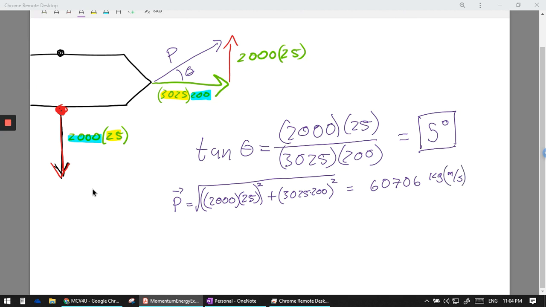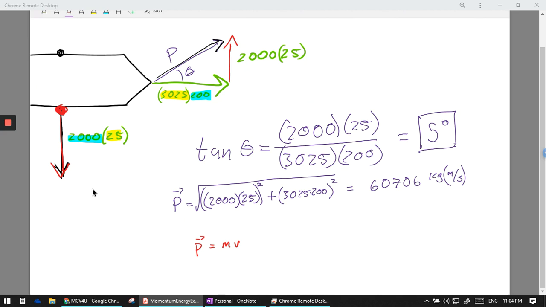That's the momentum of the ship now, its new momentum, this purple vector here. But remember, that's the momentum of the ship, and they want to know the velocity of the ship. We know that momentum equals mass times velocity.